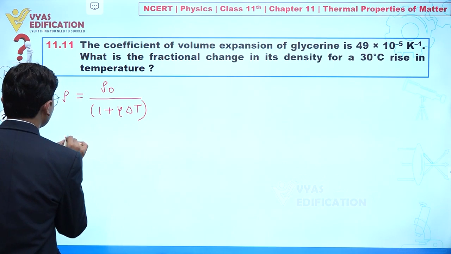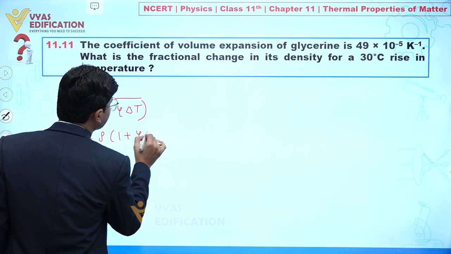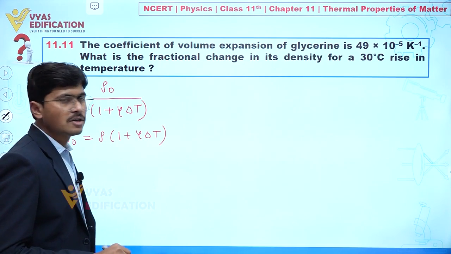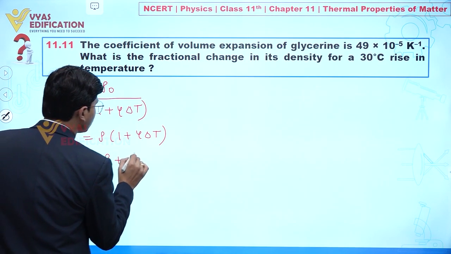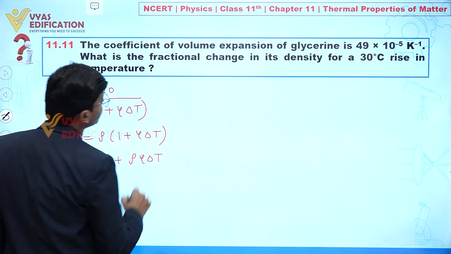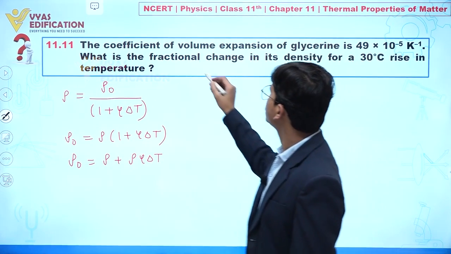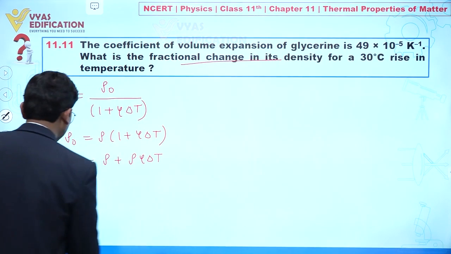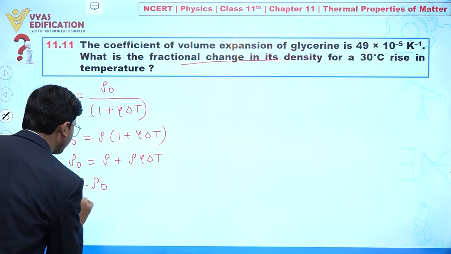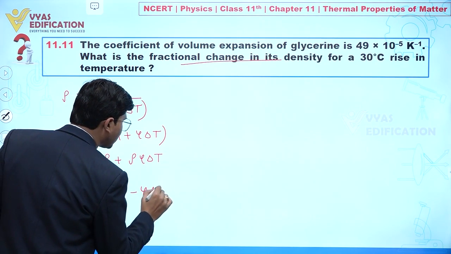From here you can write rho naught equals rho times 1 plus gamma delta T, so rho naught equals rho plus rho gamma delta T. Now what is our objective? Our objective is to calculate the fractional change in density. So rho minus rho naught divided by rho is equal to minus gamma delta T.